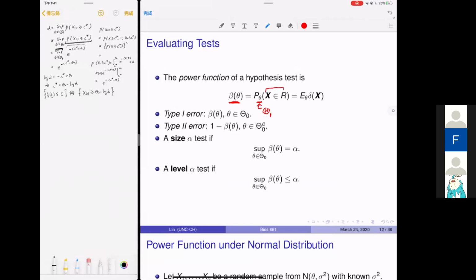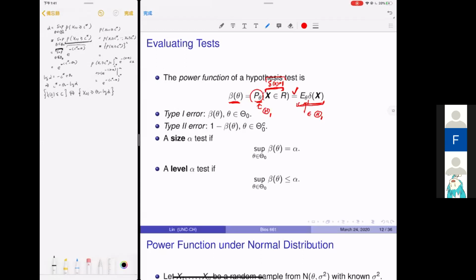If I reject under the alternative, I do the right thing, so it's called the power function. That means I rejected the null hypothesis, so my delta x equals 1. It's a binary variable, so take the expectation under theta belonging to the alternative space. That's where this equation comes from.